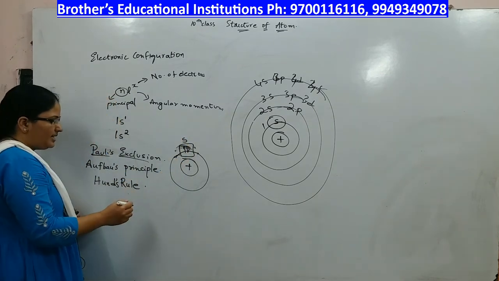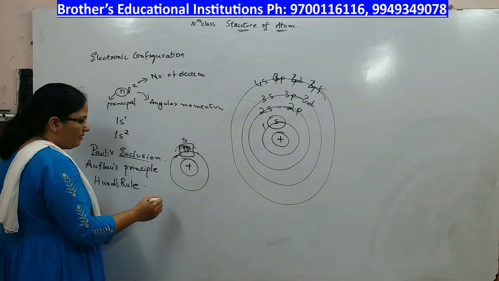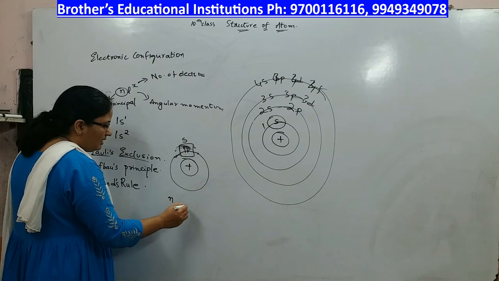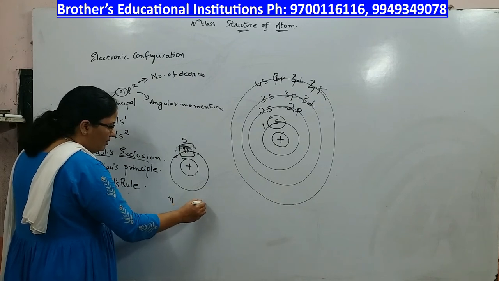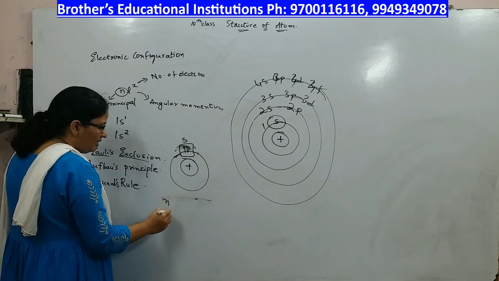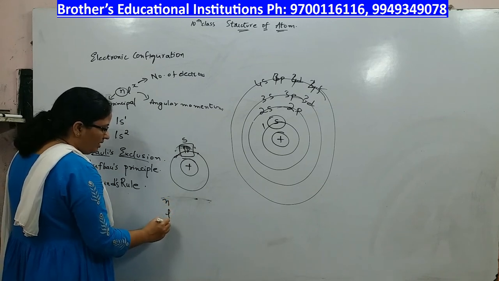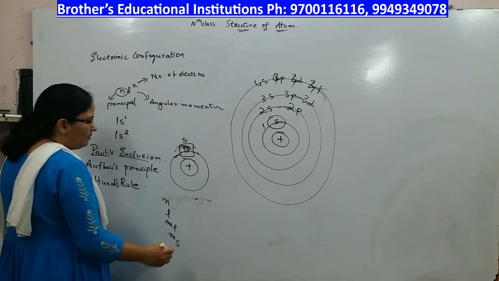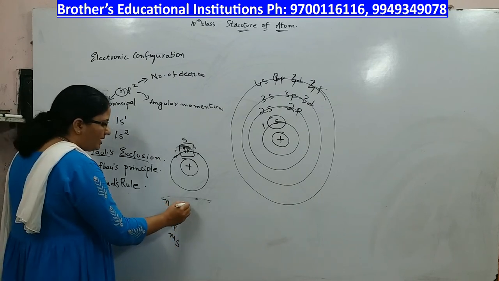So, let us write the four quantum numbers for both the electrons: first the n value, second the l value, third the ml value, fourth the ms value. For the first electron, the n value is 1.